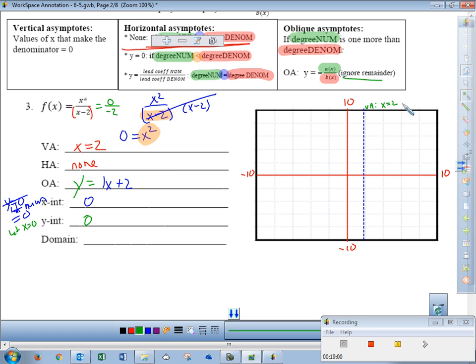There is a vertical asymptote right there at x equals 2. Cool with that. There is an oblique asymptote. If you don't know how to graph an oblique line, you don't deserve to be in college algebra. It's not that hard. This is in slope-intercept form. What is the y-intercept? 2. So isn't that right here? And the slope is 1, which could be rise 2, run 2.